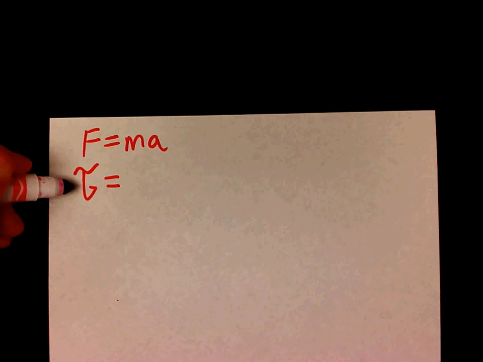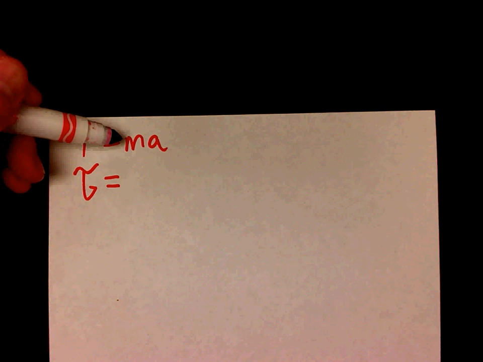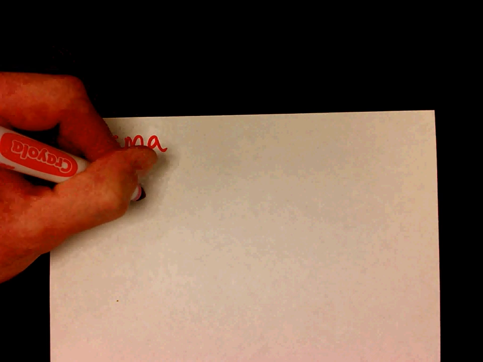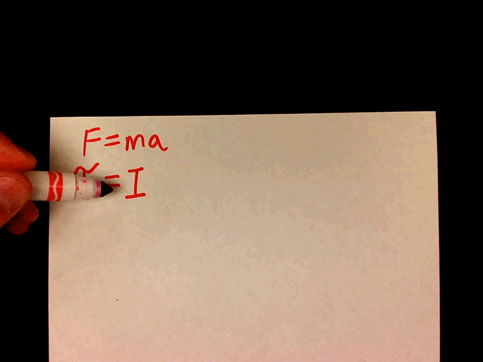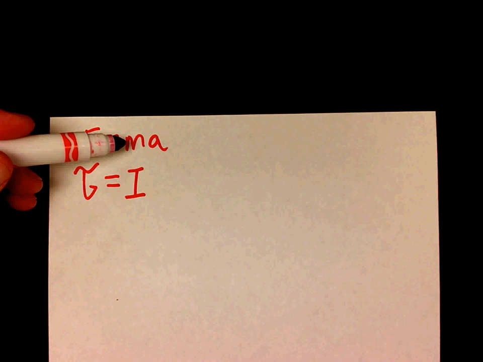Now, since things are spinning and rolling, it's also the same. It's not just mass, but where the mass of the object is located, which we just did a decent job, hopefully, of defining as rotational inertia. That's capital I. So you see the mass get replaced with rotational inertia here.